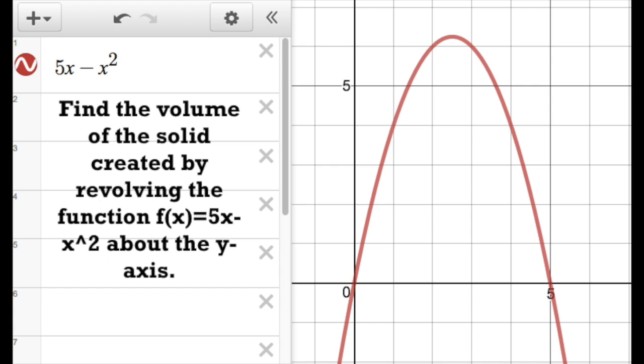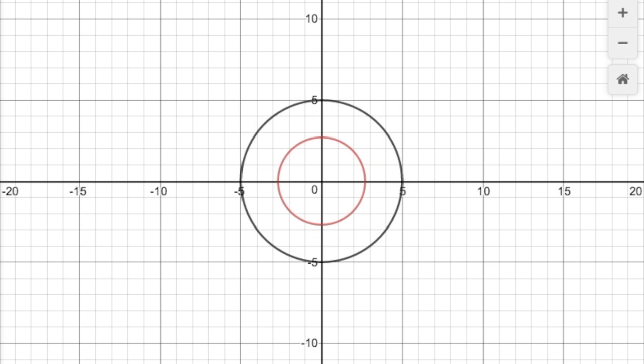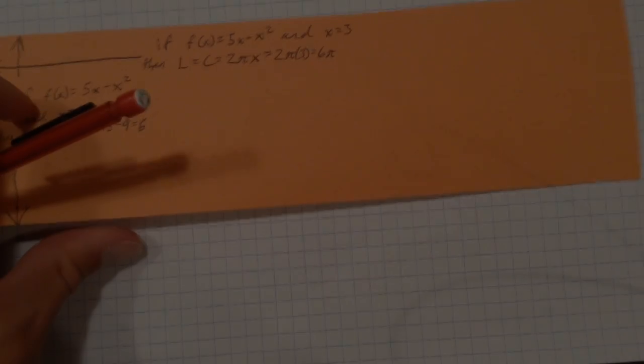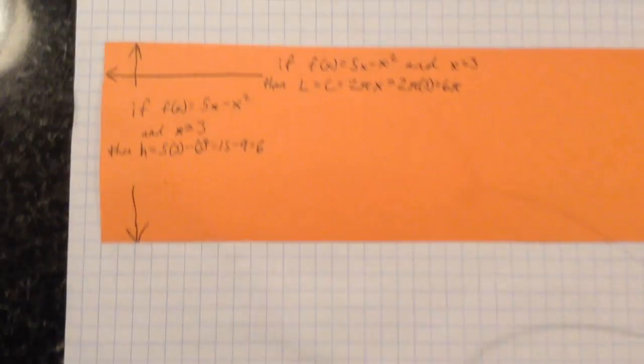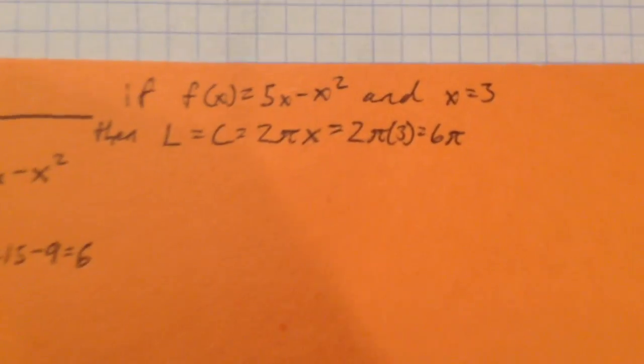I'm going to jump back to the actual problem real quick here, and to remind you, 5x minus x squared is the function that we are revolving. I'm going to pick a point, a radius to use, and we are going to plug it in and solve for the volume of this specific shell right here.